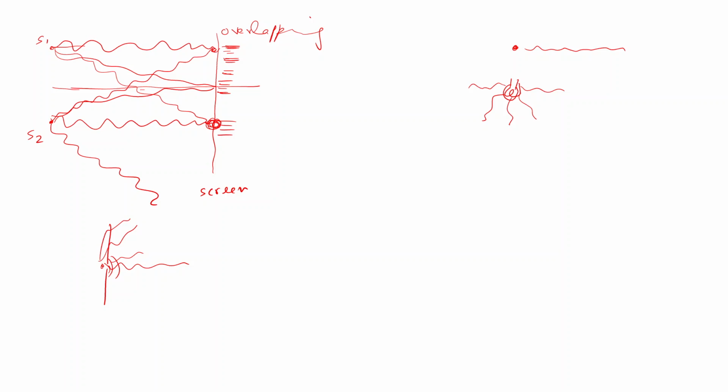so taking this forward, if I have a source S1 again, like this, and source S2, and this is my screen. One light is going here, another wave, let's say, is interfering with it here, and the distance between these two sources is denoted by small d.